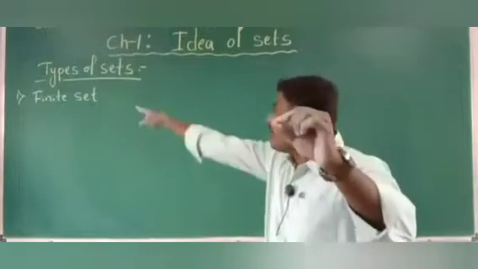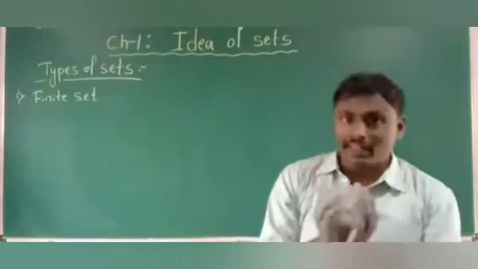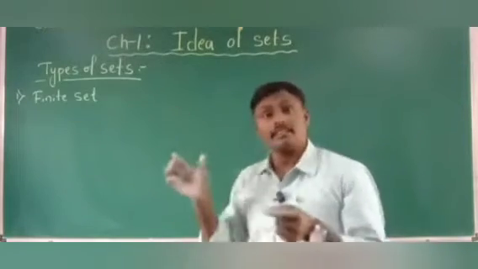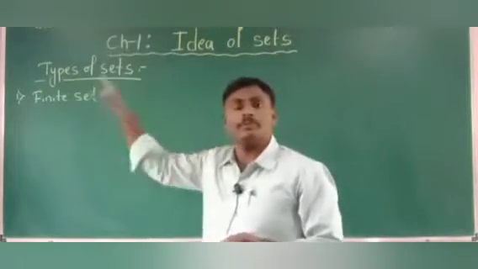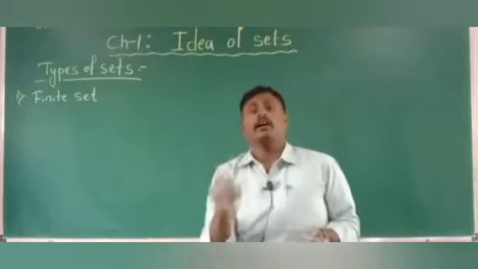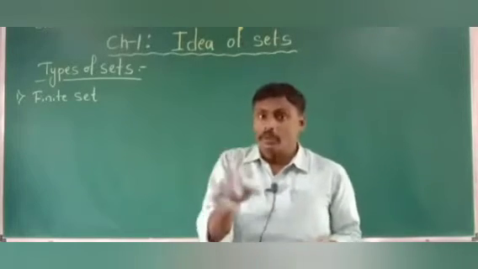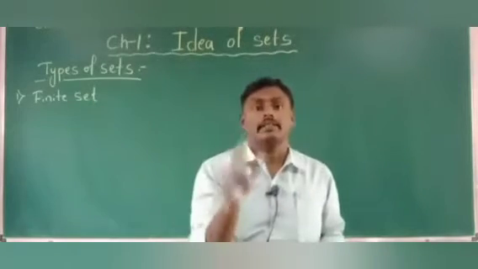Finite means it has some countable numbers, right? Finite means the set has finite elements. So how can you define the finite set? A set has a finite number of elements, or a countable number of elements, then that set is called a finite set.